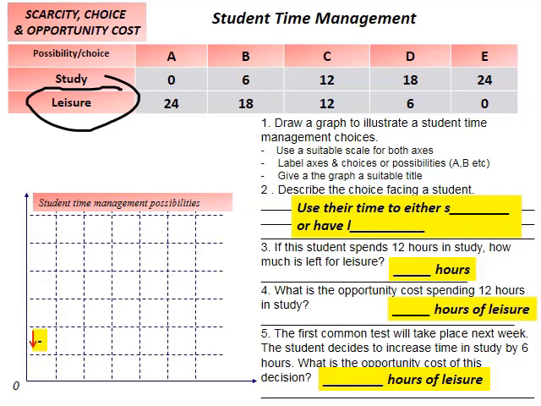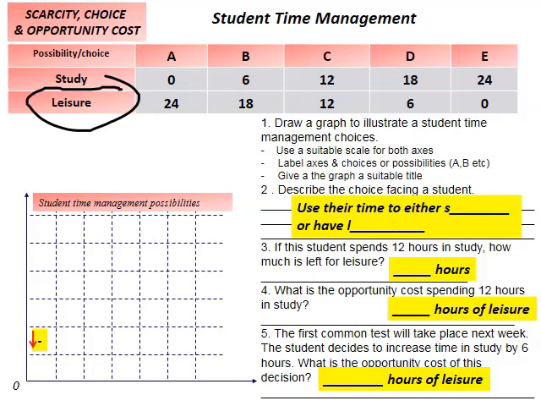Okay, super student would be at the other extreme, at point E. At point E, he studies 24 hours a day, and he takes no leisure. Doesn't sleep, doesn't eat, or if he eats, he's still studying. An amazing student. I'm sure there are a few of you here like that.